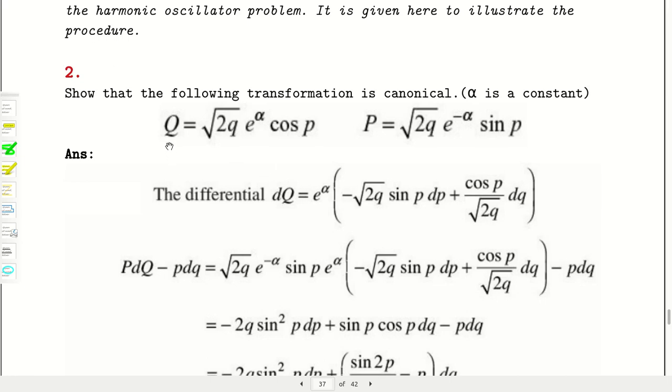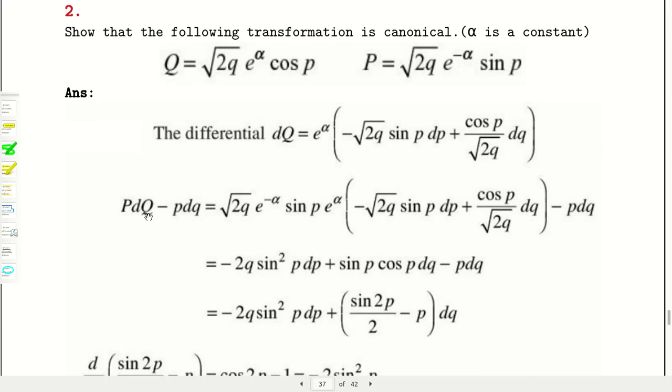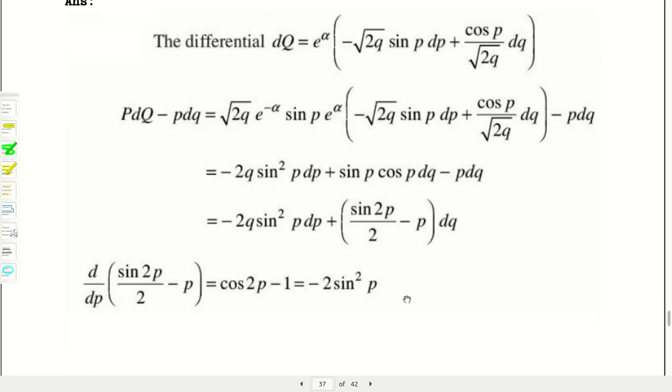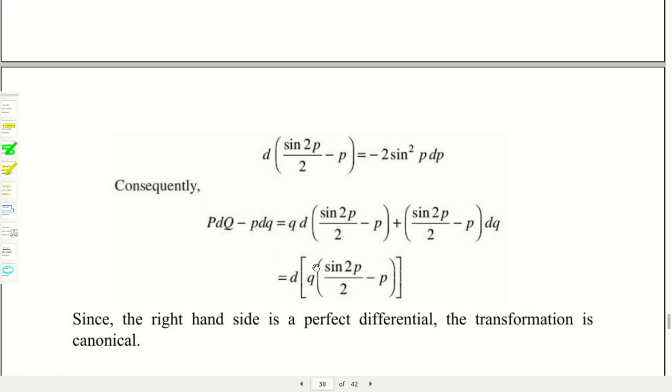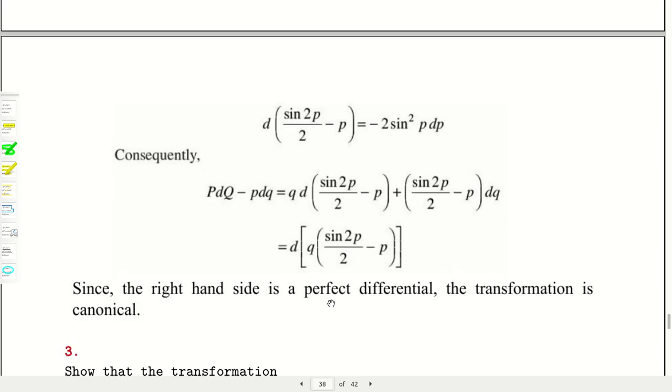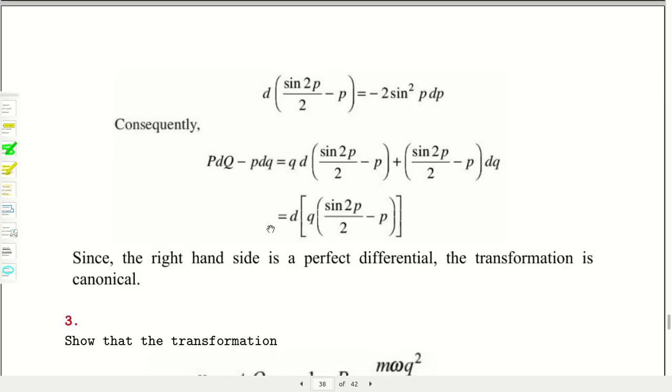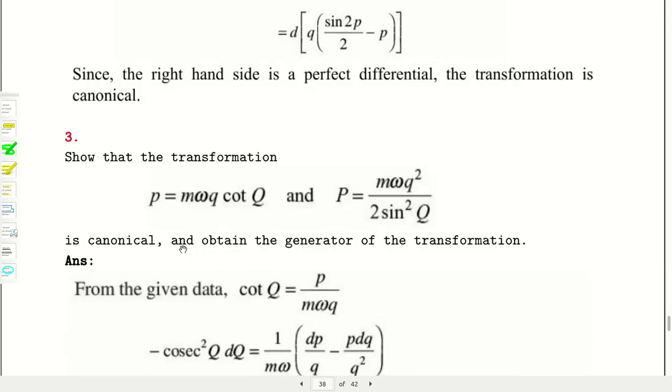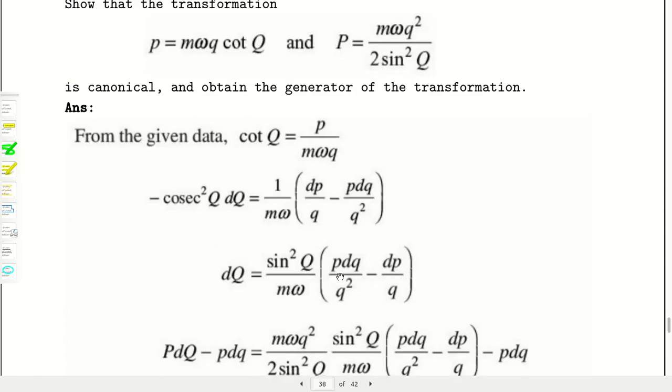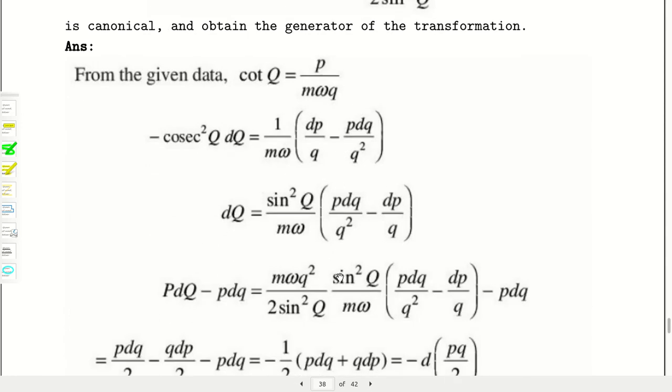So you have to check whether this differential is a perfect differential or not. Just differentiate those terms, find capital dQ and put it there, and with some manipulations you can get this term as a perfect differential, d of something. So you can tell, yes, it is a perfect differential, so the transformation given in the problem is a canonical transformation.